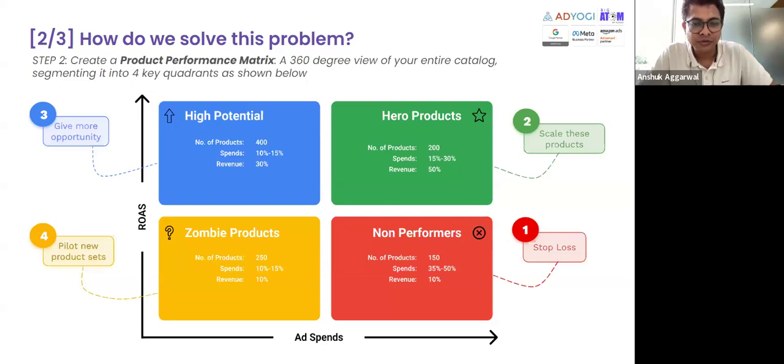Either they will move to high potential, which means they have proven themselves, once you give them some budgets they may become hero, or they may turn into quadrant number 1, which is non-performers. So zombie can go anywhere, which is why it's a tough segment to crack. And we only recommend doing it after we have solved the other problems.